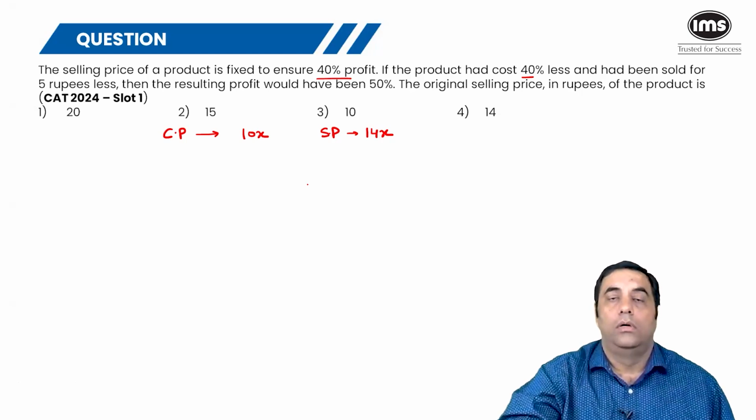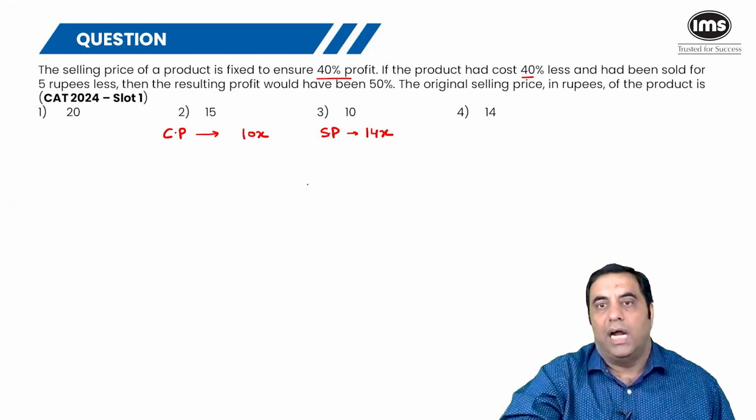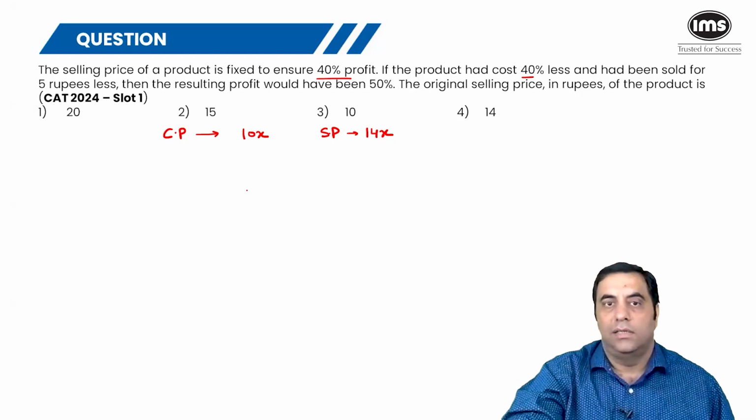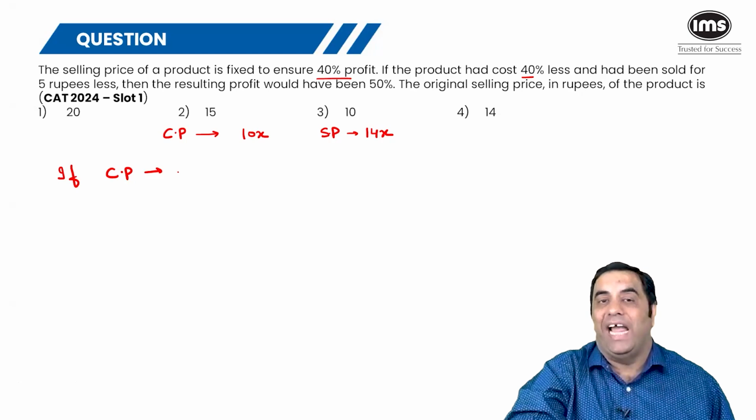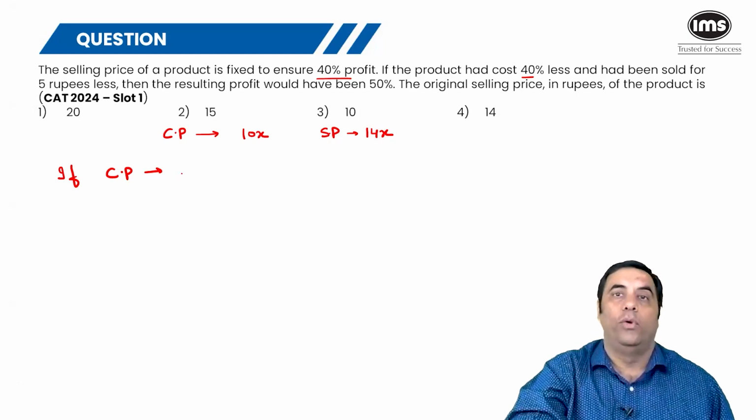Now, they have mentioned that if the product had cost 40% less, that means if the cost price is 40% less than 10x, then 40% of 10x is going to be 4x less.